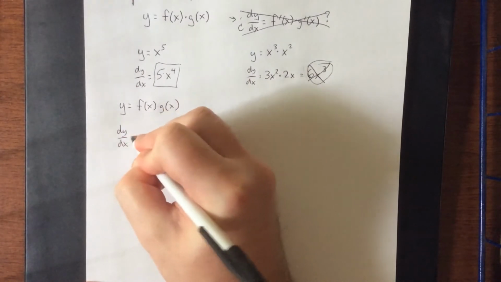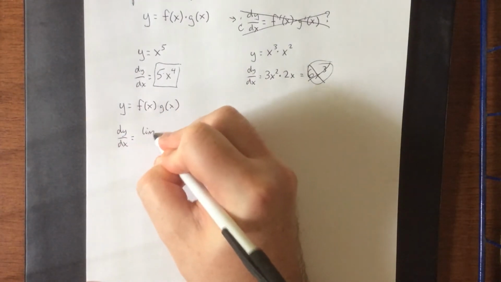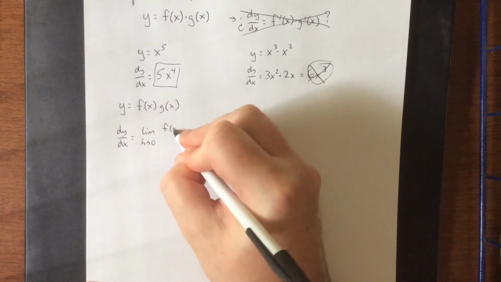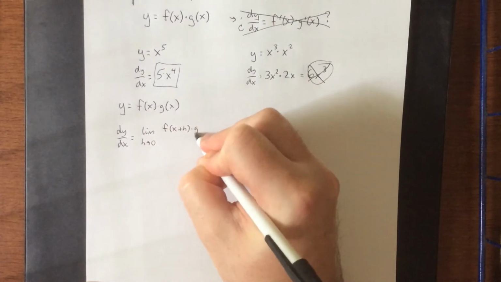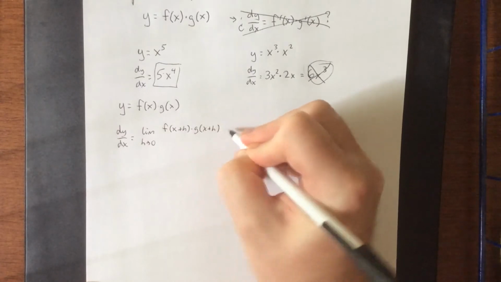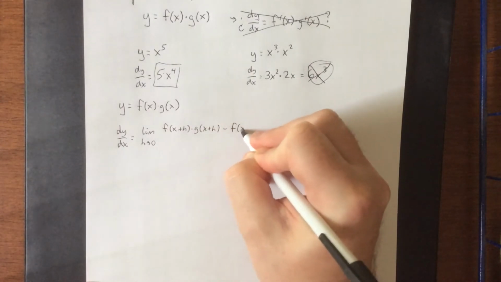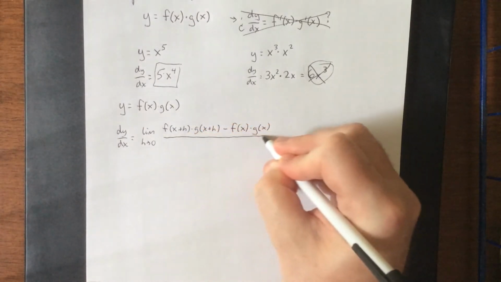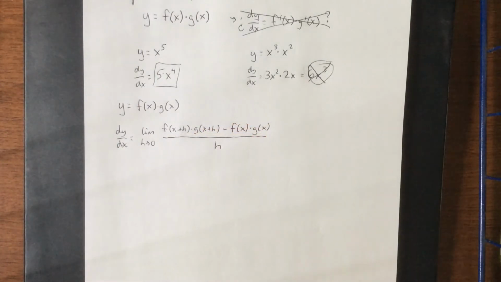This means that the derivative would be equal to the limit as h goes to 0 of f of x plus h times g of x plus h minus f of x times g of x all over h. If we were to attempt to use the direct substitution property with this, we would wind up with 0 divided by 0, and that is really not helpful to us.